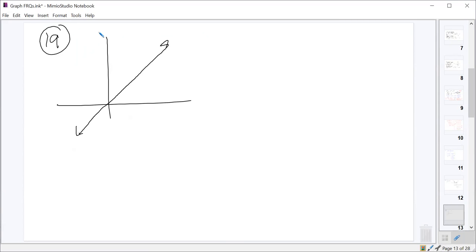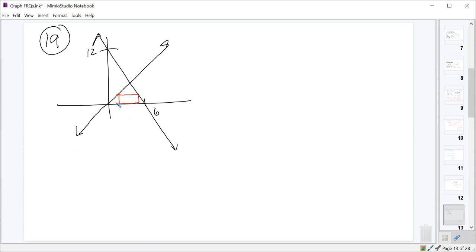This is 12, and if that's negative 2x, then that would be 6. So we got a triangle, and then we got a rectangle with one side on the x-axis inscribed in the triangle. Something like that. Wow, my rectangle is atrocious.